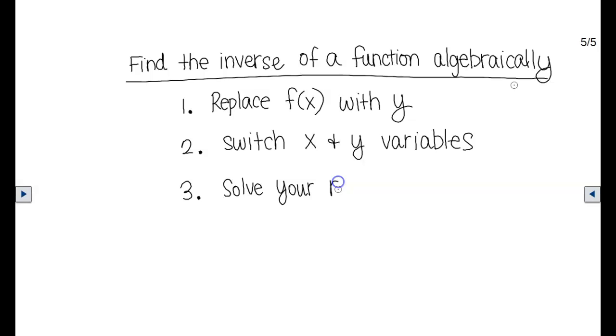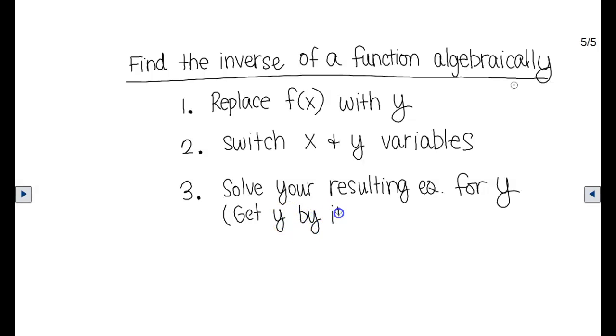And what you will do is solve your resulting equation for y. So you'll get y by itself, in other words. Because that's how we want it to be in a function. Functions always start out with f of x equals, y equals. So we want to take it back to that format. Solve your resulting equation for y, get that y by itself.